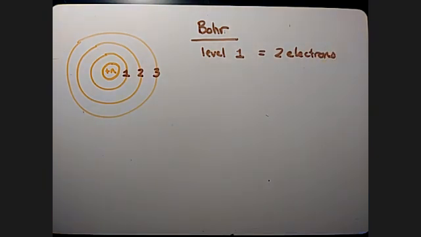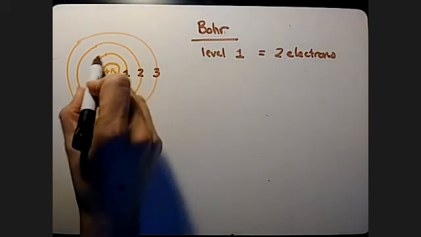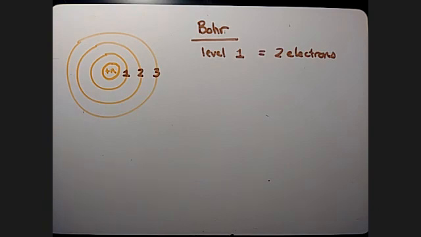Now, in Schrodinger's model, you have to remember that there are shapes on the inside of this level. So we don't need very many shapes to describe where 2 electrons can live on the inside of level 1. So Schrodinger starts to find these orbitals on the inside of the energy levels.